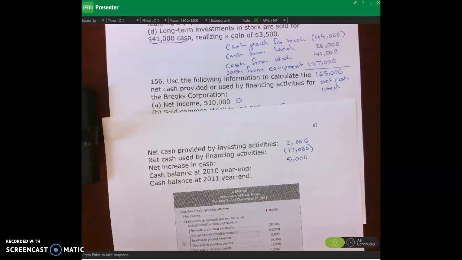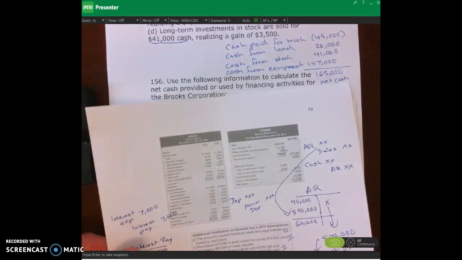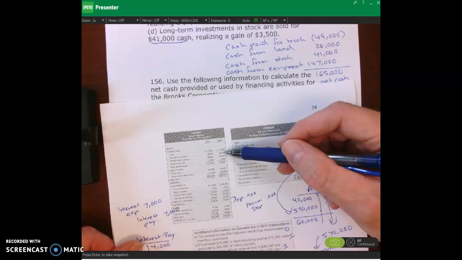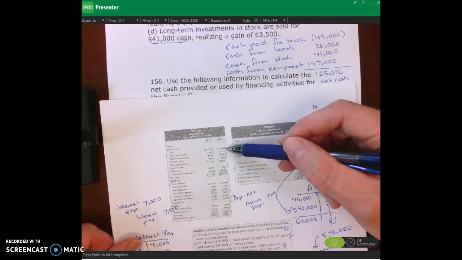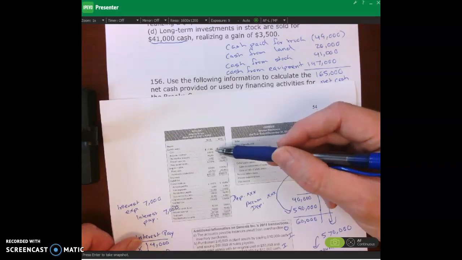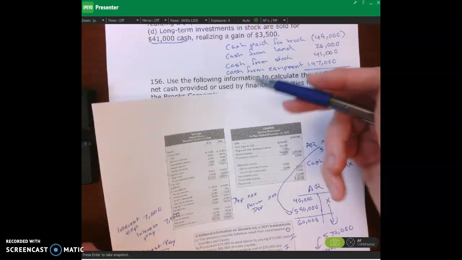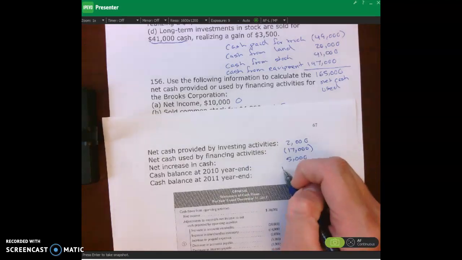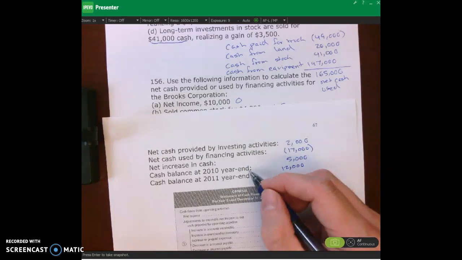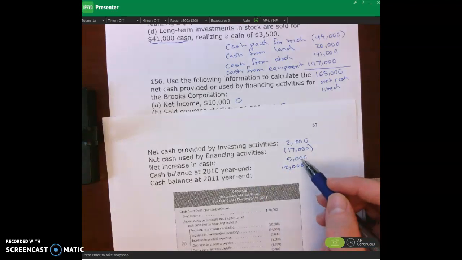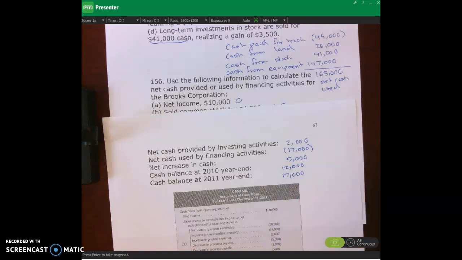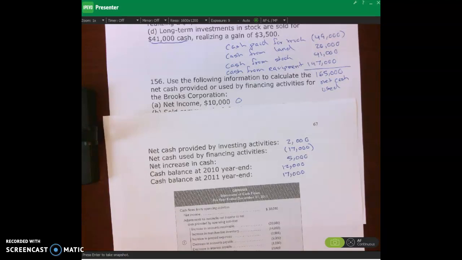If I look back at my Genesis company, I have beginning cash of 12,000, which is kind of hard to read, but you can pull it up on your course pack, and ending cash of 17. To do my reconciliation, I say 12,000 beginning, which is last period's ending, plus my net increase in cash should equal my ending balance in cash of $17,000, and it does, and everything works out.